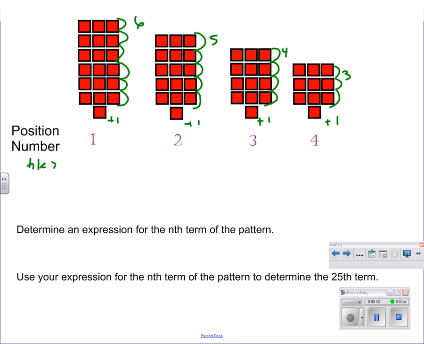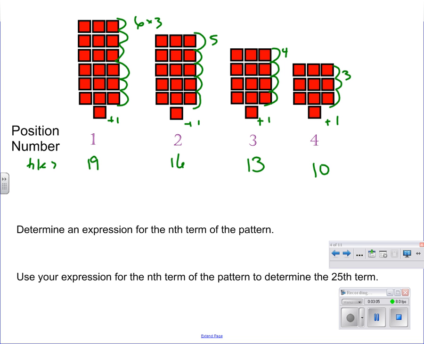So the number of tiles is going to be 6 times 3, right? We had 6 groups, so it was 19 tiles. And then the next one, I had 16 tiles, and the next one I had 13 tiles, and the last one I have 10 tiles.